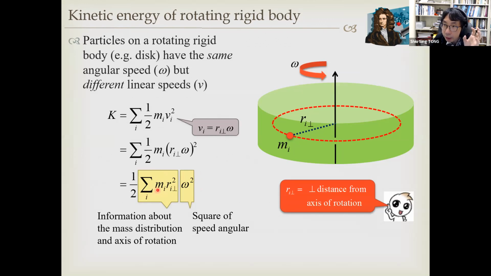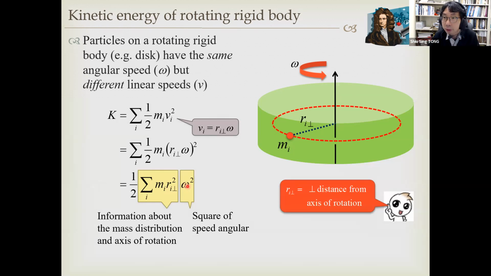Now we can nicely separate the information about the mass distribution and the axis of rotation. All this information is contained in this summation. And the information about how fast the whole object rotates is contained in omega squared. So we nicely separate the two pieces of information. One piece is about the distribution, how the particles in the object are distributed around the axis of rotation.